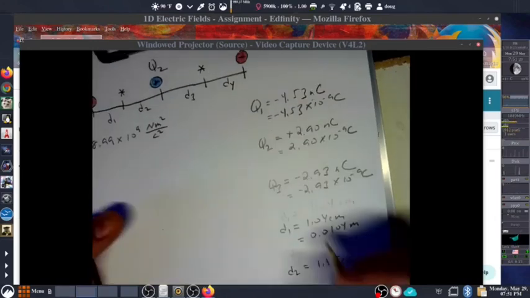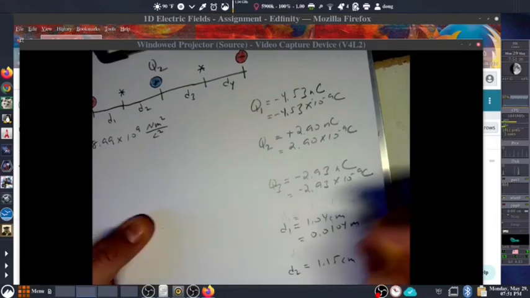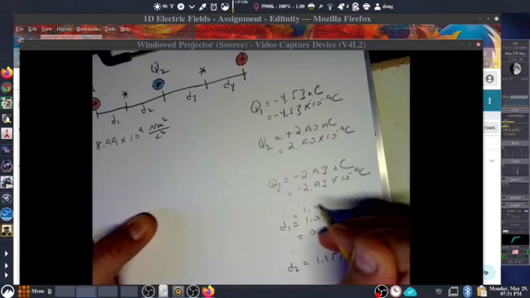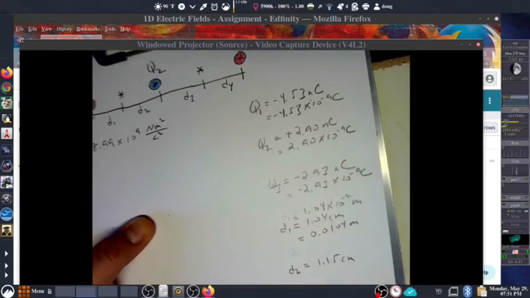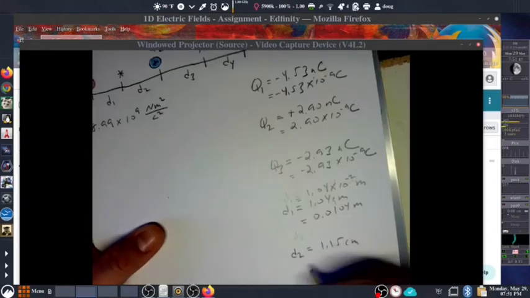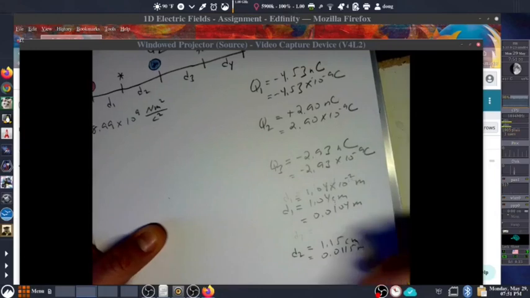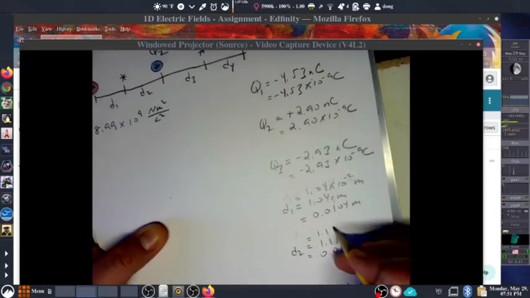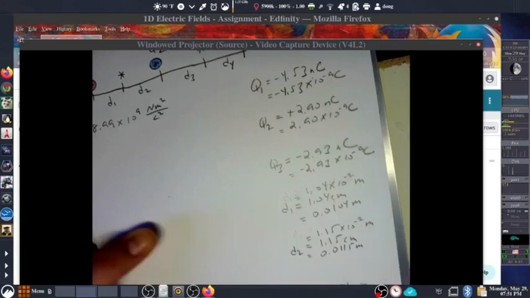Another way you can do this is, remember, centi is 10 to the minus 2, so you could write this as 1.04 times 10 to the minus 2 meters, and either would be correct. So this would be 0.0115 meters, or 1.15 times 10 to the minus 2 meters.